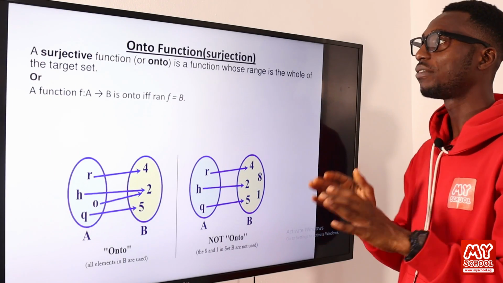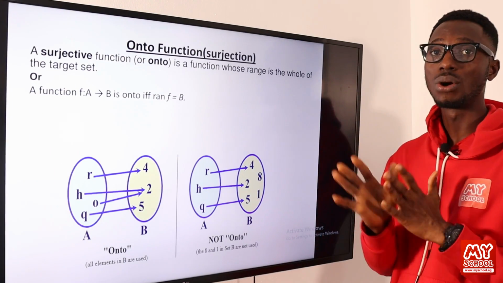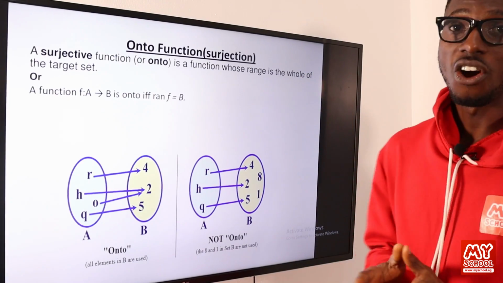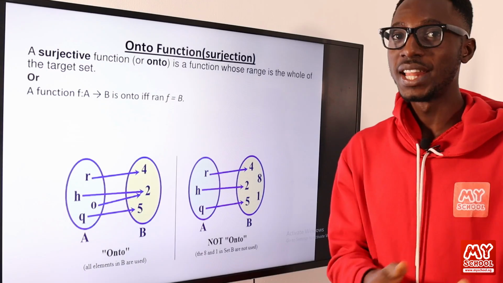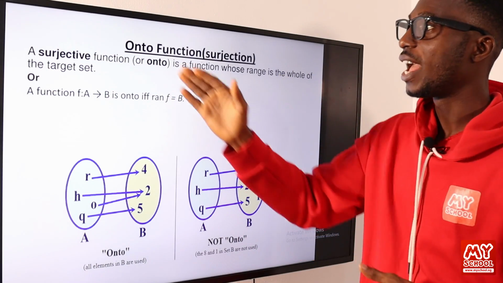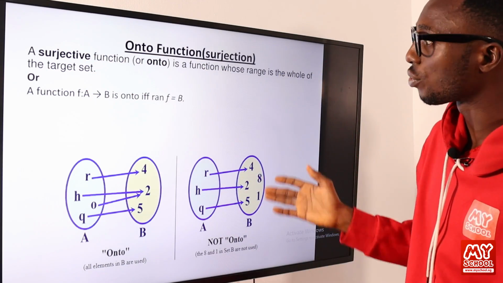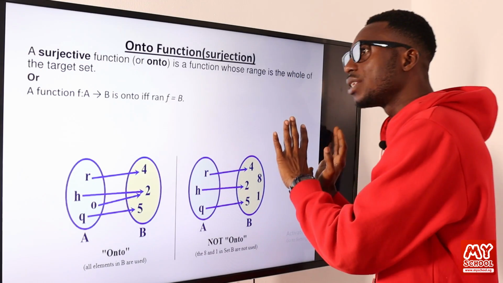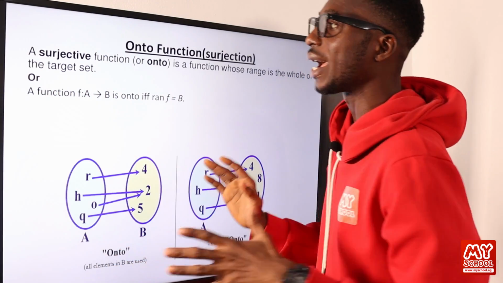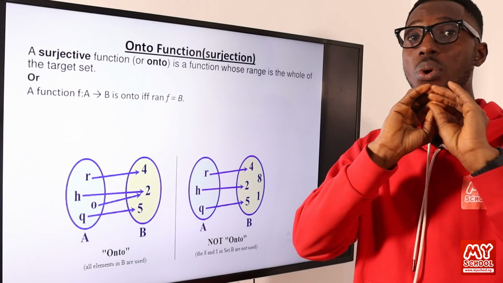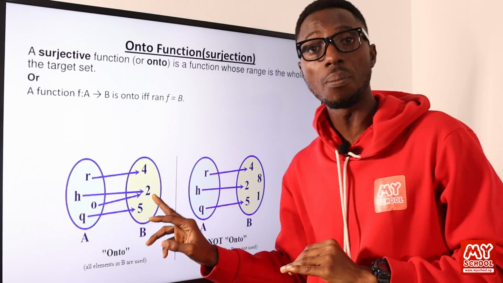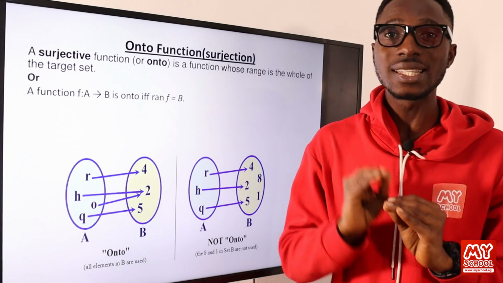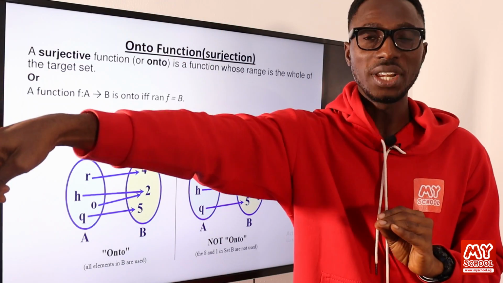So we have the onto mapping or the onto function, or the surjection. All right, so the first one that we have as one-to-one, we can refer to as injection. This is actually surjection. A surjective function or onto function is a kind of function whose range is the whole of the target set. So that is, there is no item in the co-domain that does not serve as an image to at least one input.